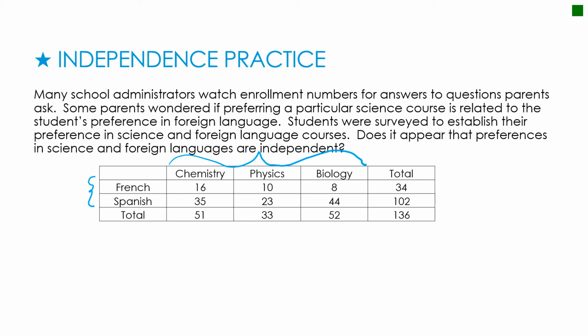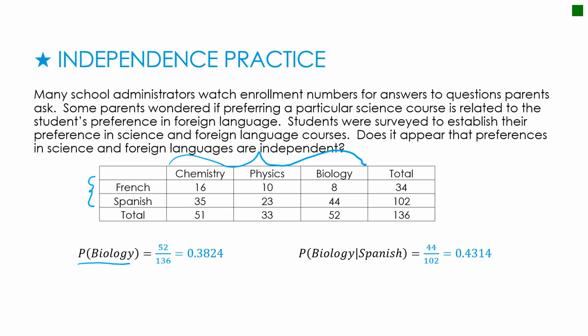Okay, so what I did is I chose to look at biology and biology given Spanish. So let's look at biology first because that one's an easy one. 52 students prefer biology out of 136 students who were surveyed. The second one is probability of biology assuming that they've taken Spanish.